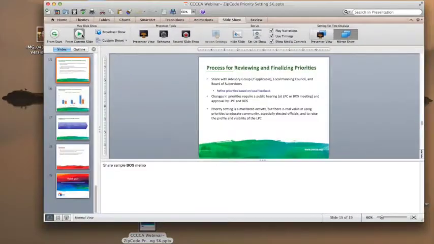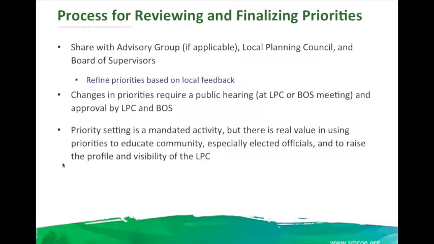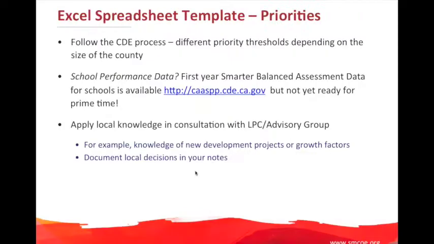And now they don't use API, they're using Smarter Balanced, and they are still kind of testing that out. I would be reluctant to report that as low performing schools at this point and wait for future years. But it is something your council might want to know, where are children disadvantaged because schools are struggling as well as children are struggling.